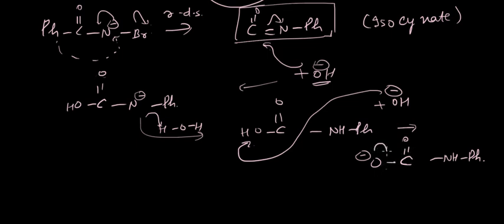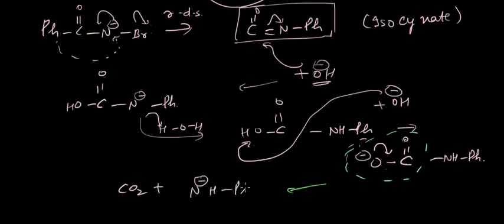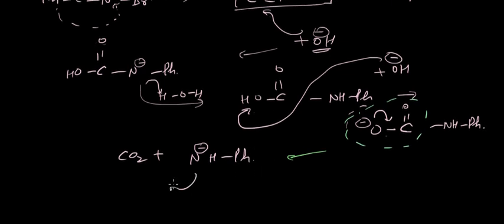We'll get something like this, and this whole would be released as the CO2 molecule. Then we'll be getting N minus HPh, which again will react with a water molecule to form PhNH2. Hence the final product was formed.